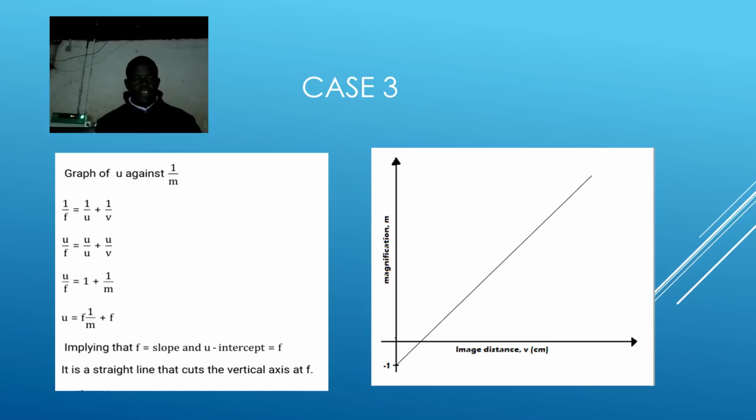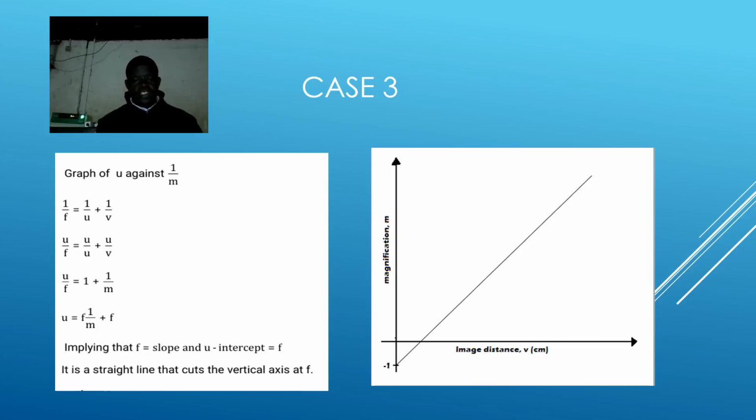Therefore, if we now multiply through by u, then we are going to have u equals f over m plus f, implying that f is the slope and the intercept is f.